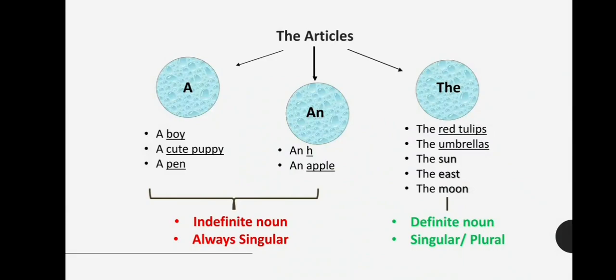So we can say two things basically: the noun can be singular or plural, but it has to be a definite noun. So the bifurcation between a and the is about indefinite and definite nouns, and also about singular and plural.